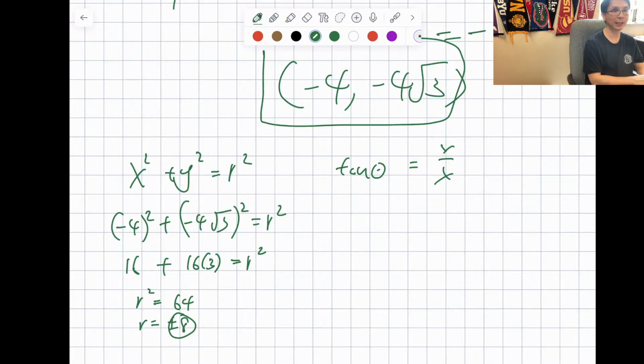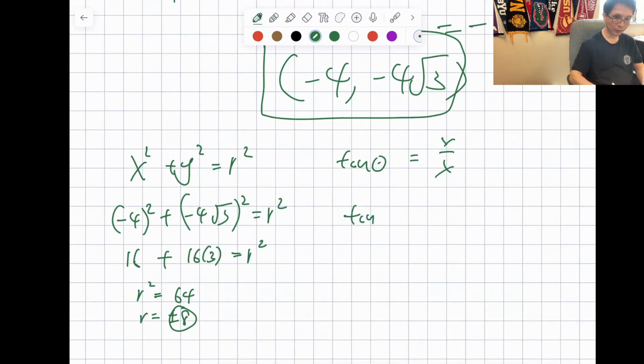Let's decide an angle. Tangent of theta is y over x. So what is y in this case? Negative 4 root 3 over negative 4. So tangent theta is equal to positive square root 3.